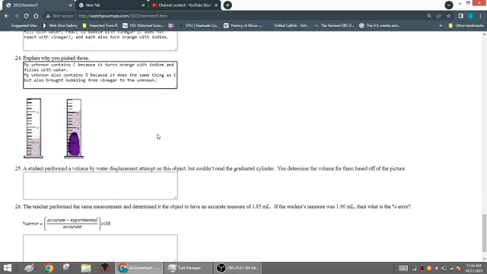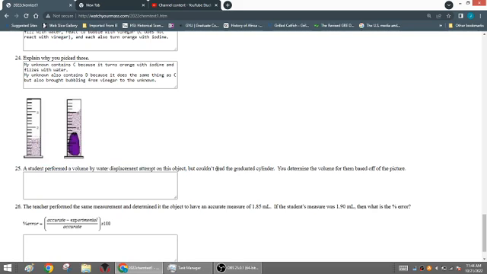Alright, now we have a water displacement problem, which means if you drop a rock in here, it's going to raise the water volume that much. The student performed a volume by water displacement attempt on this object, but couldn't read the graduated cylinder. This is actually the same graduated cylinder, a depiction before the rock went in it and after the rock went in it.